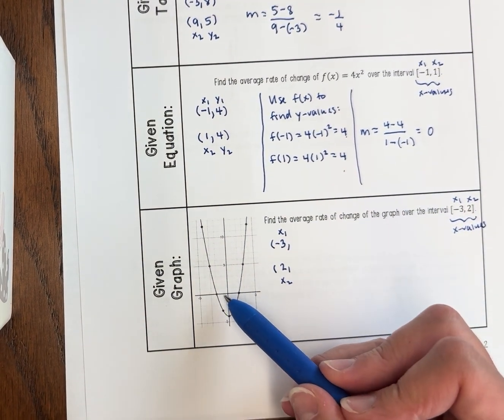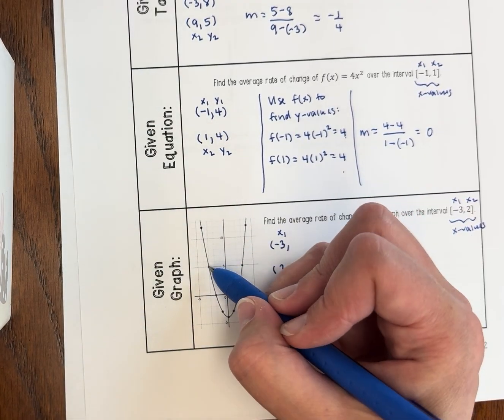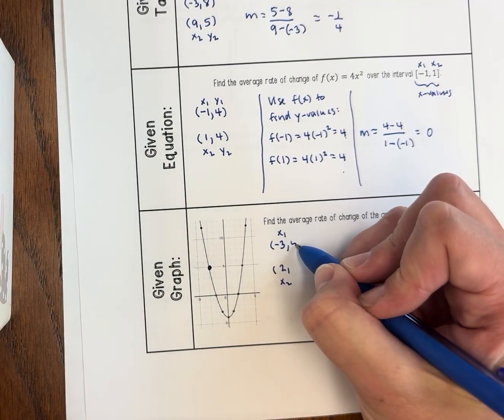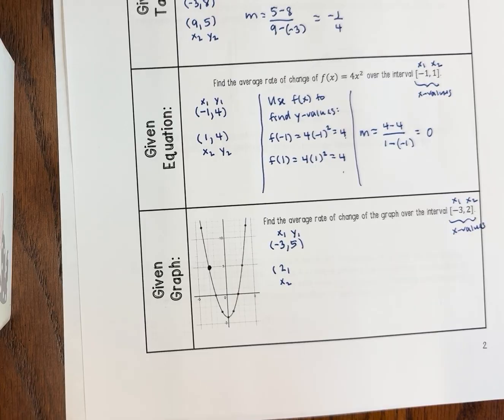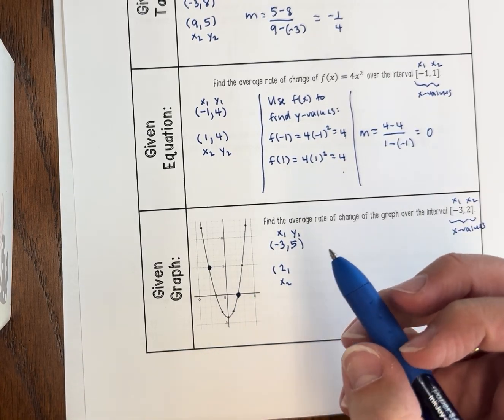So I go to my graph, I'm going to go over to negative 3, and I'll follow it up until I find the point. Negative 3 is at 5, so y1 will be 5. I'm going to go over to 2 on my graph, and 2 is just at 0.